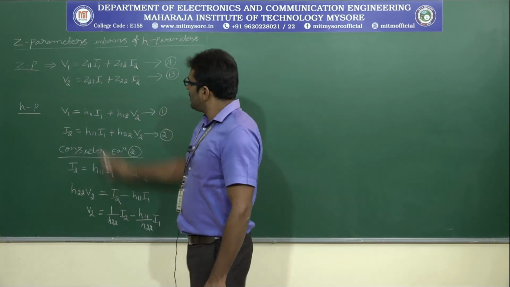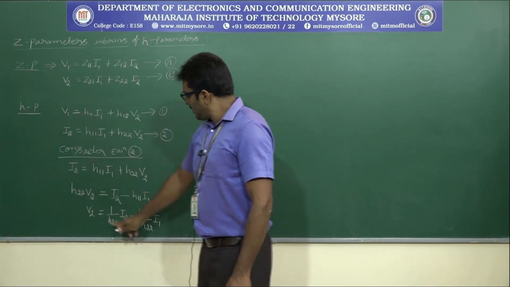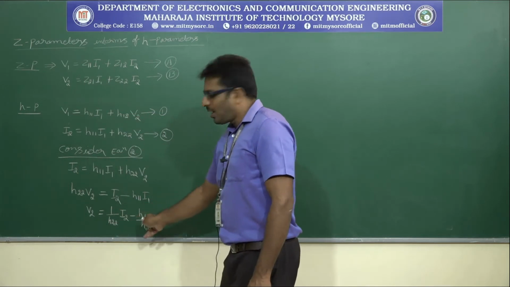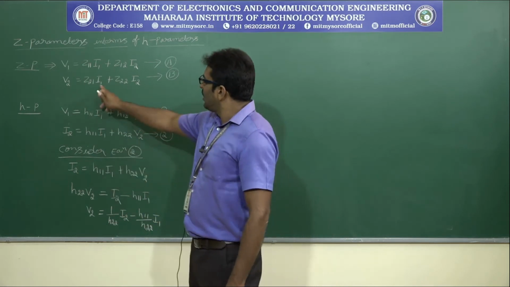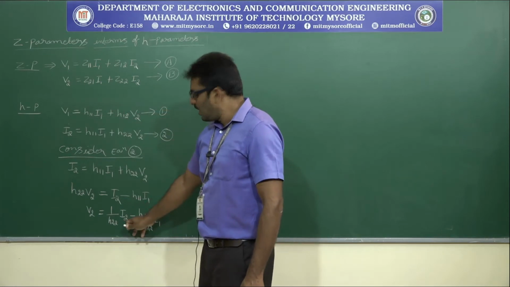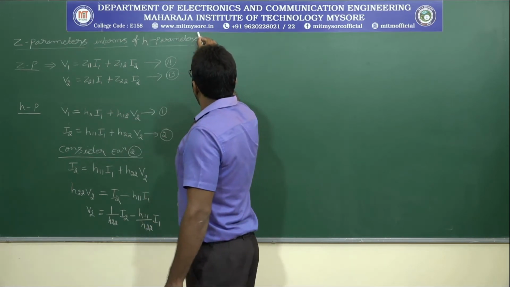Now just compare with this equation. Yes, V2 is there, but the variables are interchanged. First here I1 is there, but what is there here? I2. Just rearrange this equation.